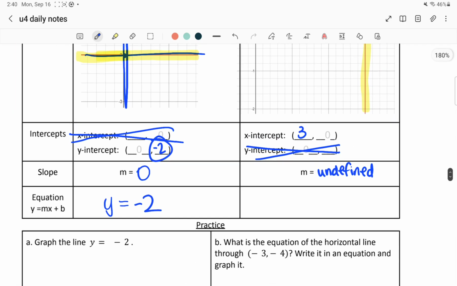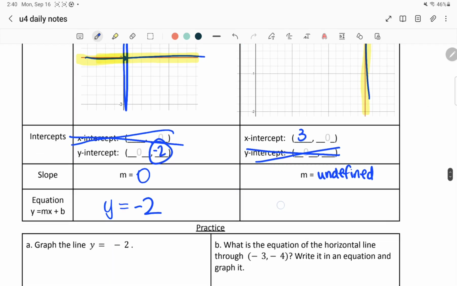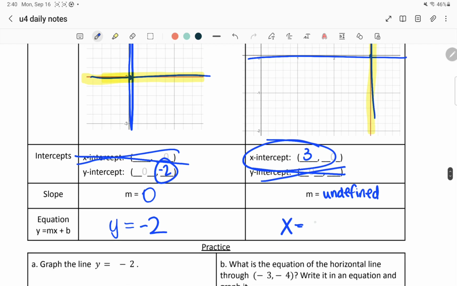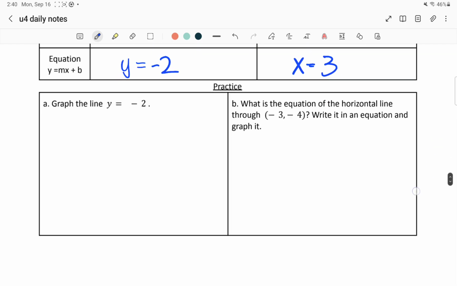And the equation, like the last one where we were only hitting the y-axis, notice we are now only hitting the x-axis, and we only have an x-intercept. This line right here is going to be x equals 3 because it's only hitting 3. All right? So that's just some information. We'll practice that on the homework to get into your brains.